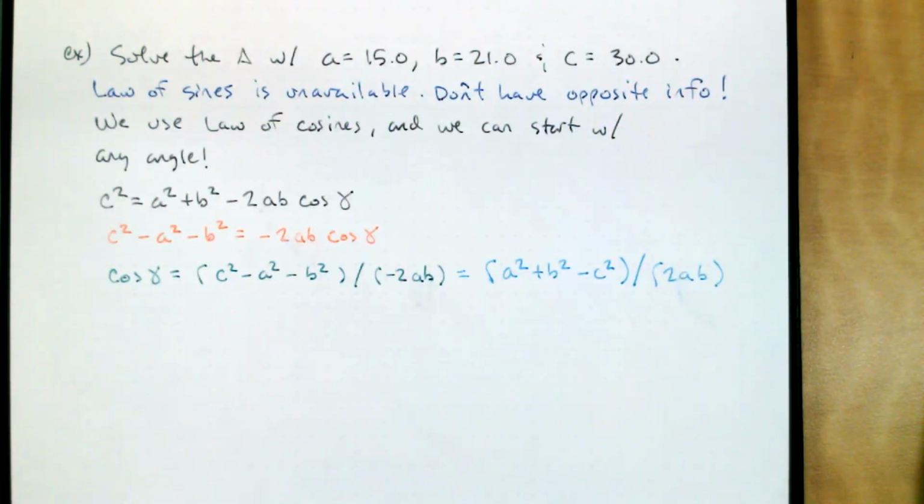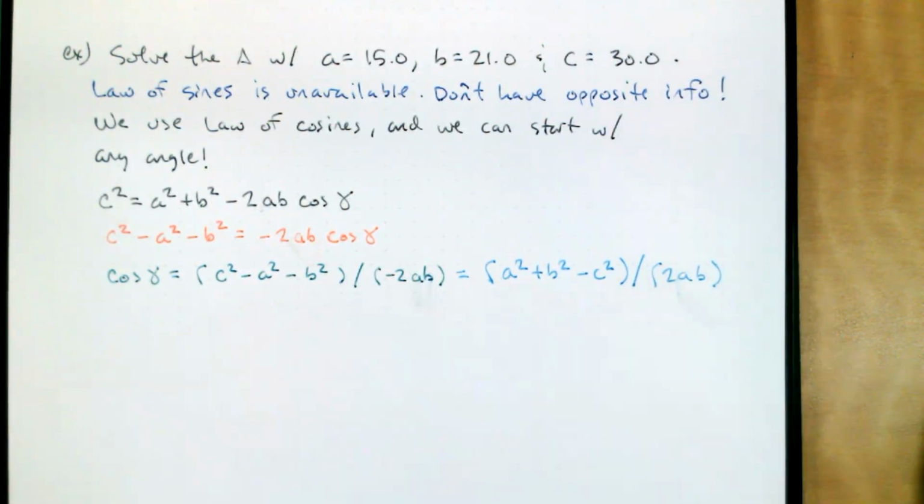So I know I'm writing it in single line syntax, but that's a top and a bottom. The numerator is c squared minus a squared minus b squared. The denominator is minus 2ab. They both need to be in parentheses because they both involve operations. So I want to make sure that I have my numerator and my denominator in parentheses. Then the last thing, if I want to know what gamma is, just find the cosine inverse of this expression.